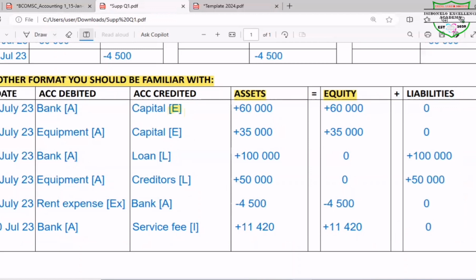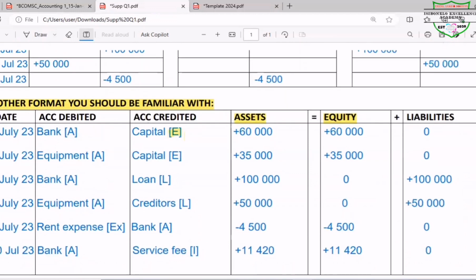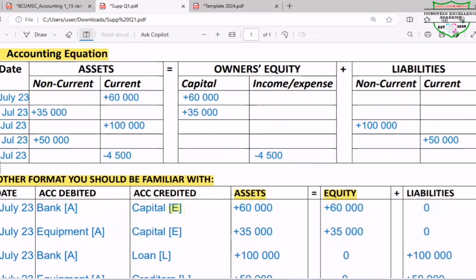So we are done. It seems like I don't have space, so I will put it here. So the date is the 10th of July 2023. Bank is classified as a current asset.